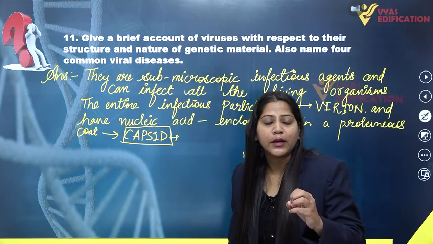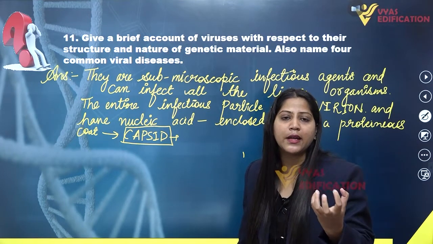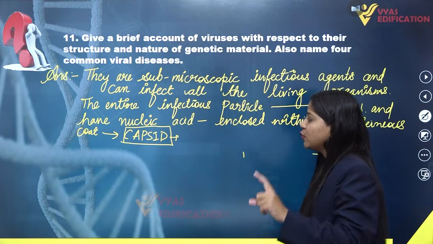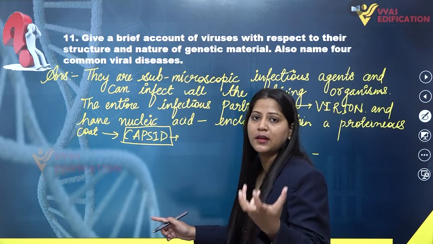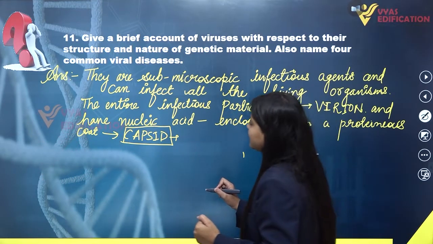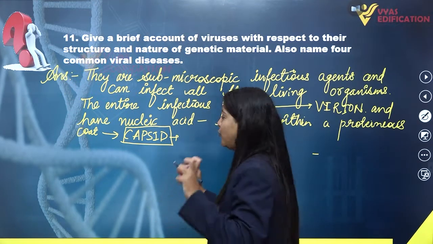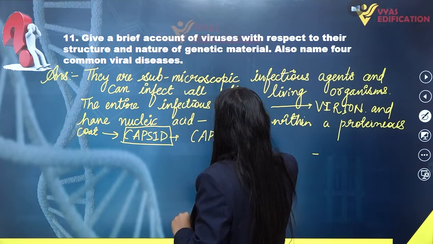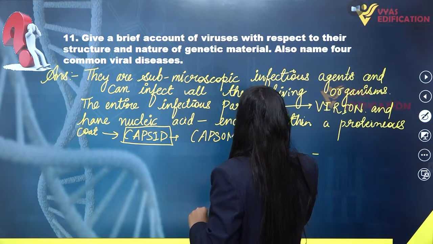So they are the organisms which only have nucleic acids such as RNA or DNA, which is enclosed by a proteinaceous membrane or a coat which is known as capsid. So capsid is the name for that coat which is proteinaceous in nature and encloses the genetic material or nucleic acids. This protein coat of viruses is made up of capsomeres, which are small subunits.